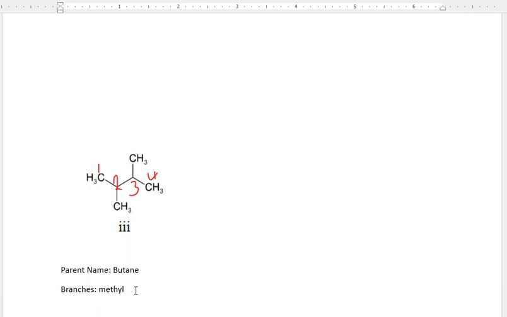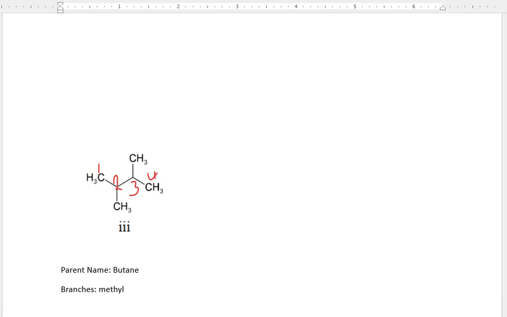This branch is on 2, and the other branch is on 3. Sometimes on this one you are not requested to indicate the cis and trans, but maybe we can talk about cis and trans later. But for now, let's use the knowledge that we have so far.